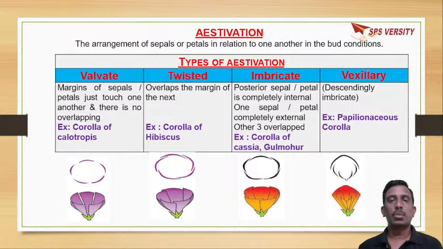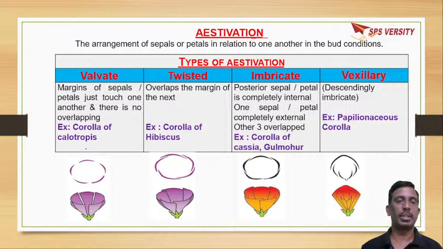And in this, when you come to sepals and petals, how they are arranged in bud condition. So this arrangement is called estivation. So estivation में चार types. So valvate estivation, twisted estivation, imbricate estivation और vexillary estivation.